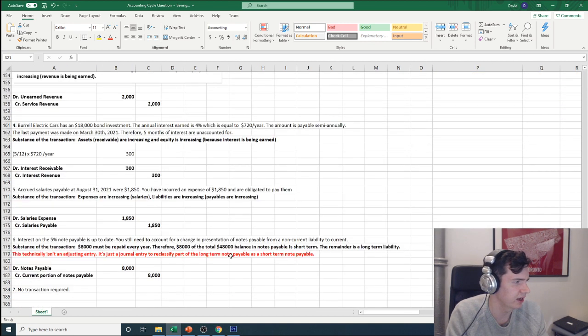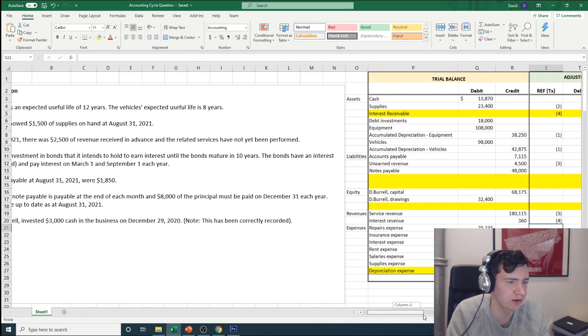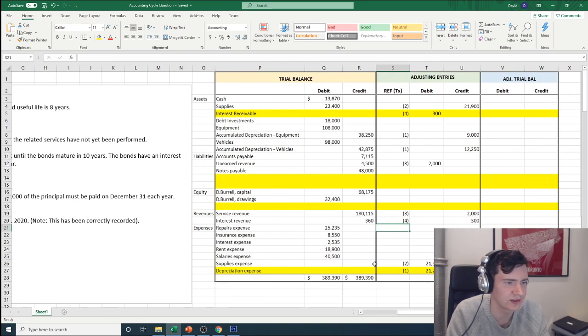I think 5 might be, no, 6 is the last one. Okay, so the fifth one is we're accruing salaries expense for $1,850. So we're paying our employees. So this is our fifth transaction. So let's look for salaries expense, and we're going to say $1,850 for a debit.